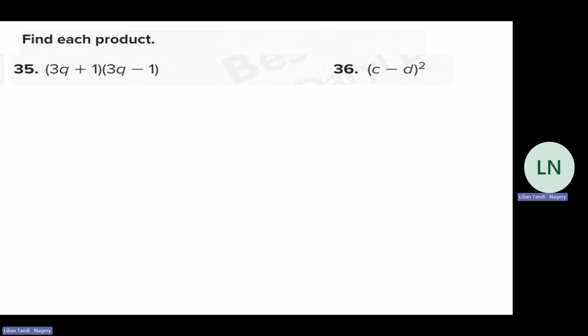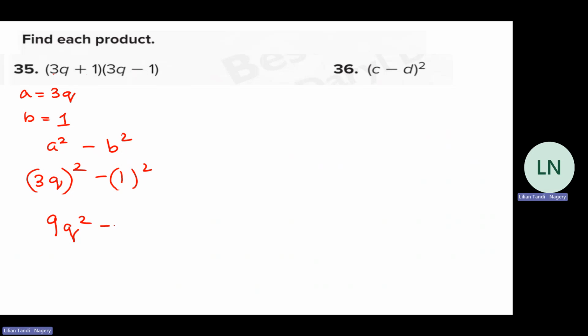Okay, find each product. A is 3q, B is 1. So the Kanun is A squared minus B squared. So 3q squared minus 1 squared, which is 9q squared minus 1. And you box your answer.